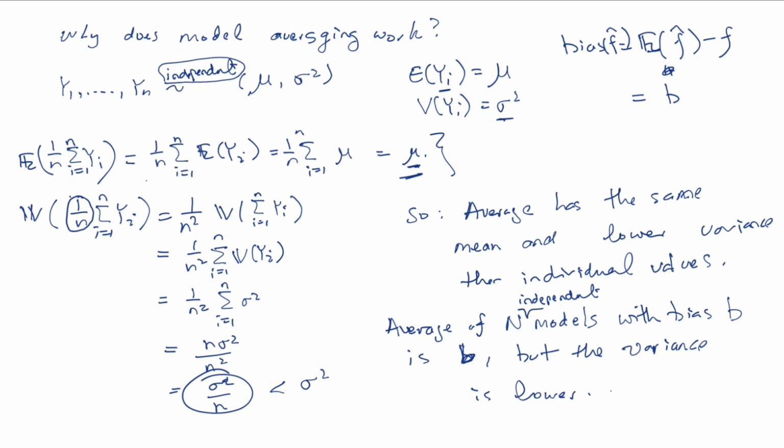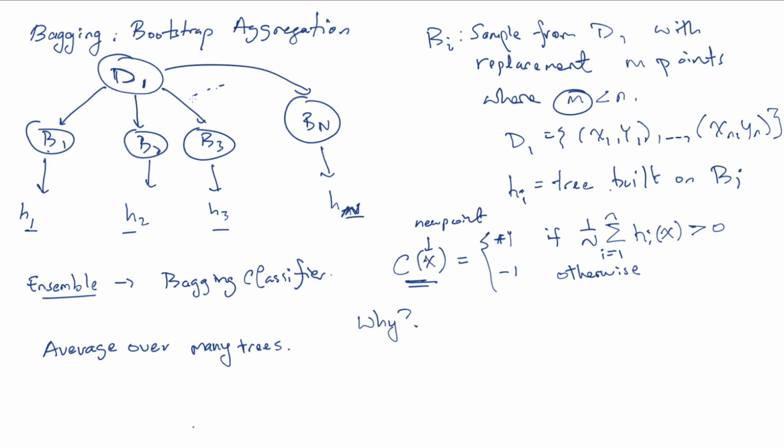So this idea here is that this classifier is going to have the same bias as the bias exhibited by the individual models, right? But the variance is going to be much lower than the variance of the individual components.